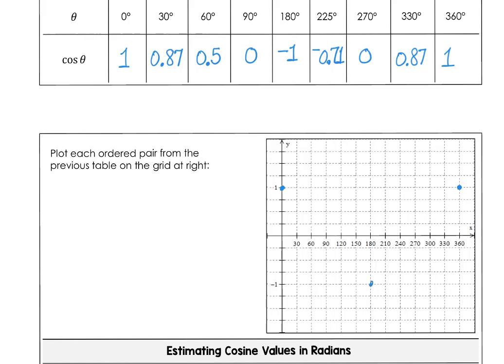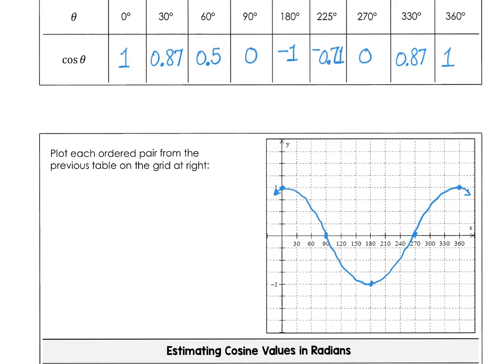At 180, there's a minimum. 90 is an intercept, and 270 is an intercept. So repeating that smooth curve, maximum, intercept, minimum, intercept, and maximum. We see one complete cycle, or the period of 2 pi.